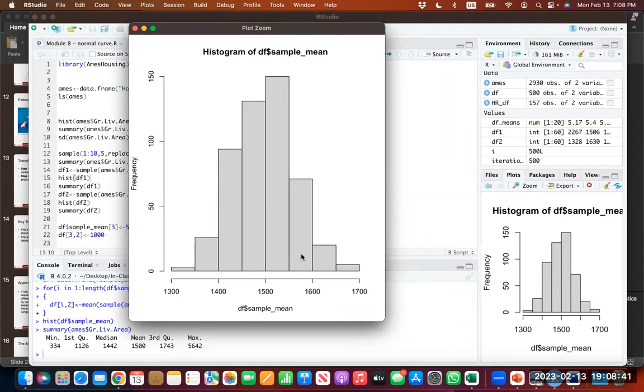So that is the estimate that was found by sampling a small sample and replicating it over and over and over. And we did that replication 500 times. And the mean of all these means is actually pretty close to our actual population mean. So that's where replication is important.